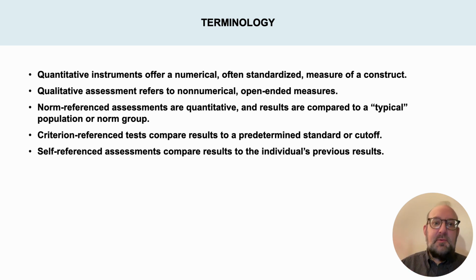In the previous slide, I already referenced the qualitative instruments, which again are more non-numeric, and quantitative instruments, which are very numeric. We have the norm referenced assessments, which are very quantitative, and we also have criterion referenced tests, which compare results to a predetermined standard for that test. We have self-referenced assessments that compare results to previous results.